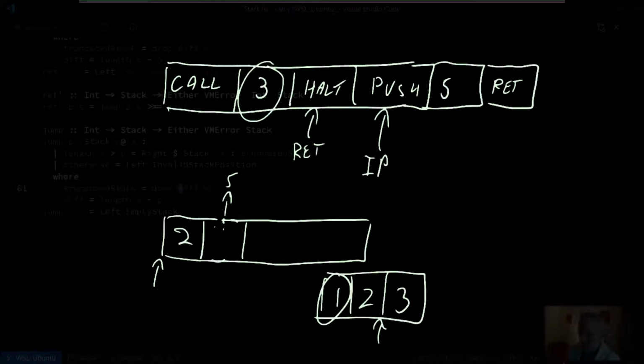What we do is we take this value 1 off the list, then we drop the difference, so the current size, which is 3, minus the previous size, which let's say is 2. So we drop one thing off the stack, and then we put it back on again. That makes no sense.